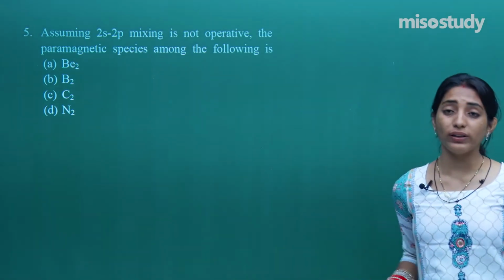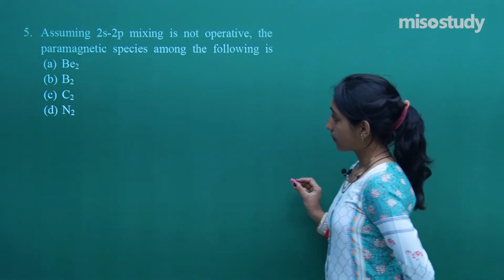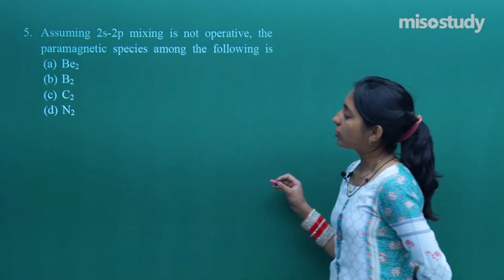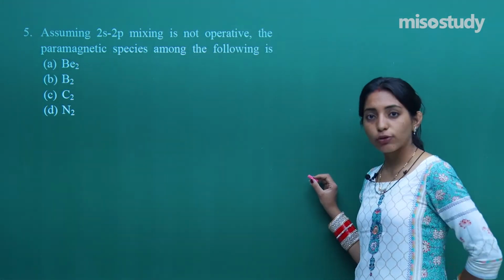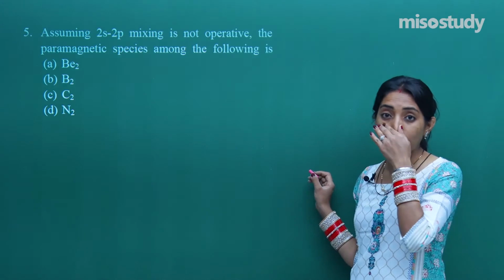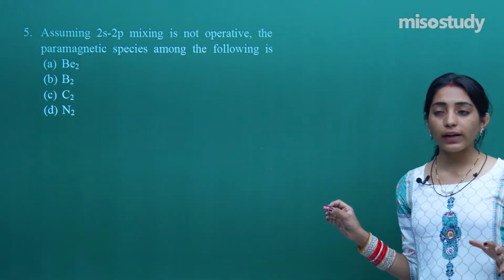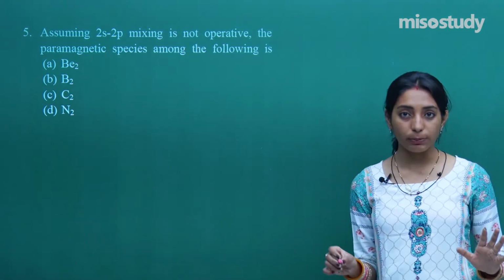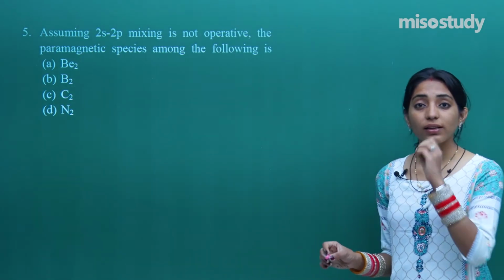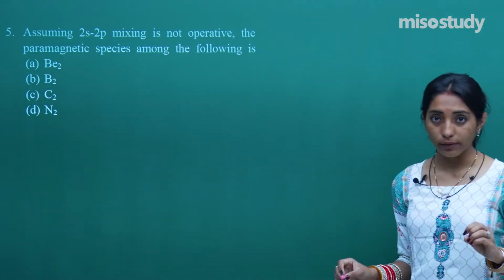So there is no 2s 2p mixing. The paramagnetic species among the following is. So you simply have to use a single MOT diagram and you have to figure out the paramagnetic species. So paramagnetic species are the one which will have some unpaired electron.